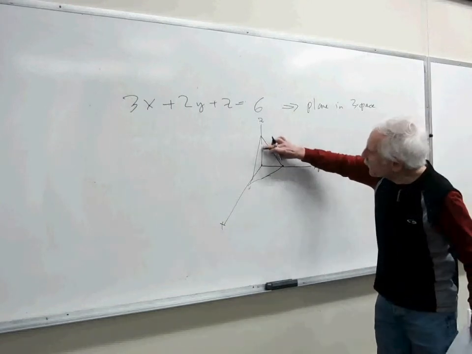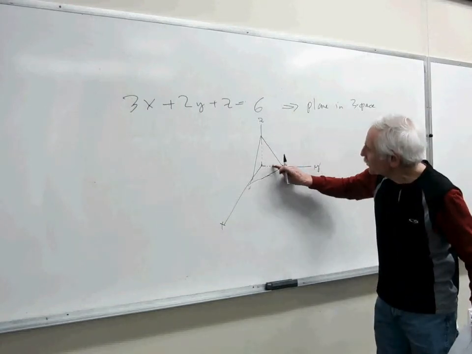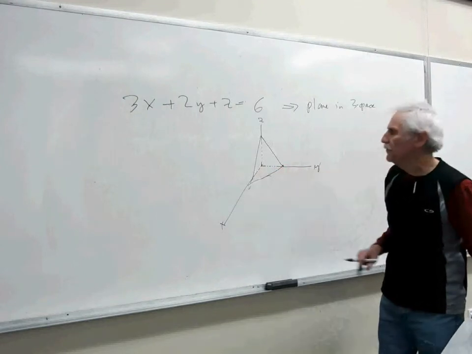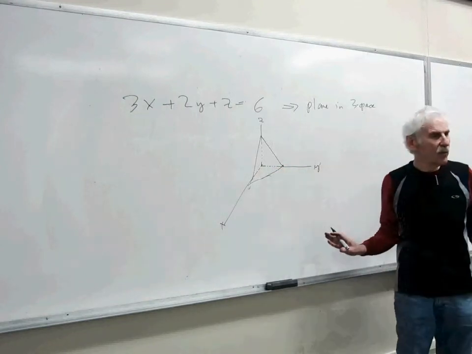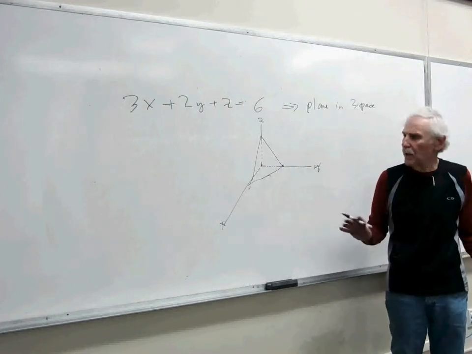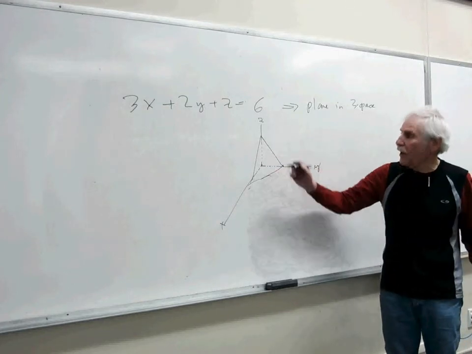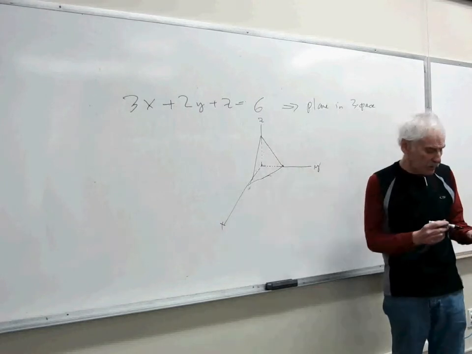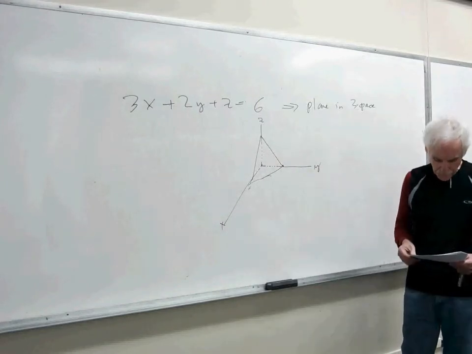Maybe if I dash these lines to show that they're hidden behind that plane, you see the plane. But a lot of people thought that was a triangle. It's not a triangle, it's just that these are the lines where the plane intersects the coordinate planes. Oh, I can see that too. Okay.